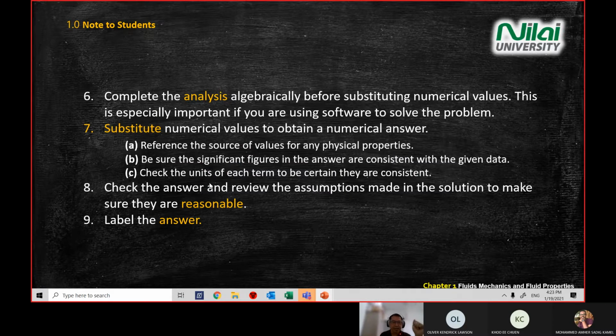And then be careful on substitution in your answer. And then check your answer. For this module, there will be multiple parts to the question. For example, question 1, we will have A, B, C, D. Most of the time, when it comes to the last part, I will ask you, what does that value mean?